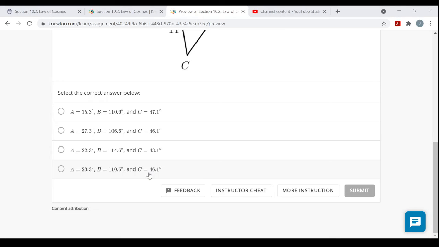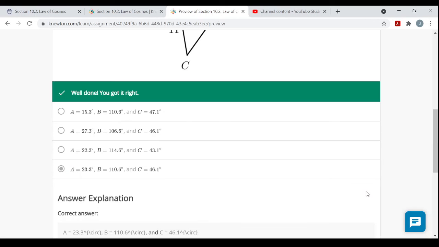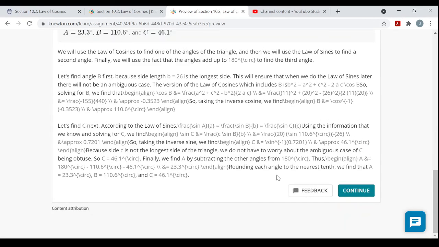Once you find that largest angle, you could use the law of sines to find the other two angles if you want. So 110.6 degrees for B, we said 23.4 for A, and 46.0 for C, and they have 23.3 and 46.1. I'm assuming they used the law of sines.